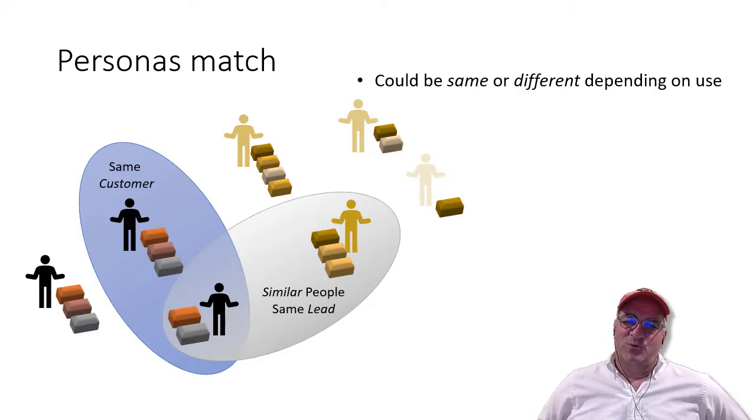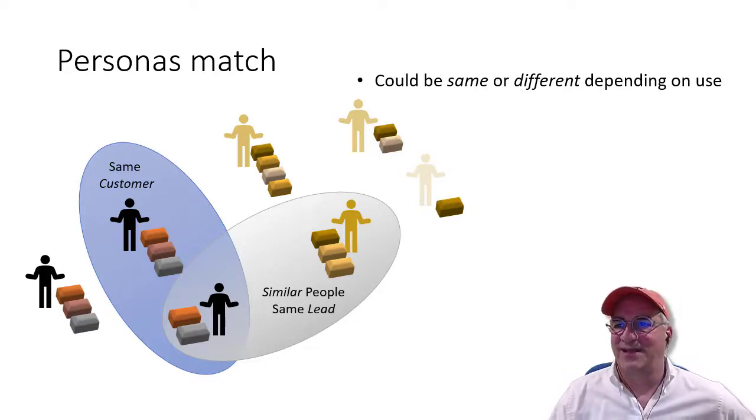Or are we saying we're really confident that, if we took their aggregated attributes, we'd be willing to take some action? So they could be different or they could be the same person. It kind of depends on the use case. The two at the bottom, I would never think they're the same for legal documents, but I might think they're the same for when they come back, picking up where they left off in a shopping experience.